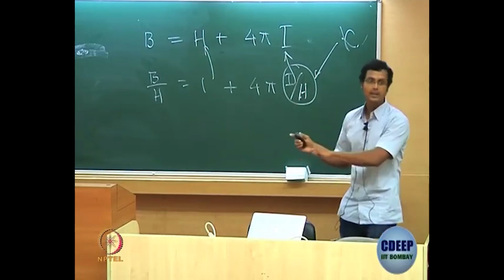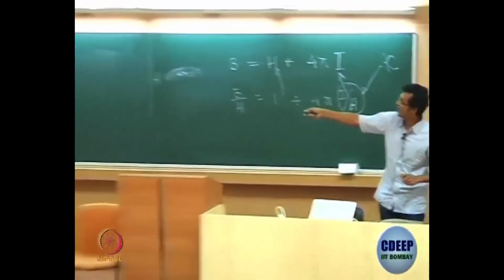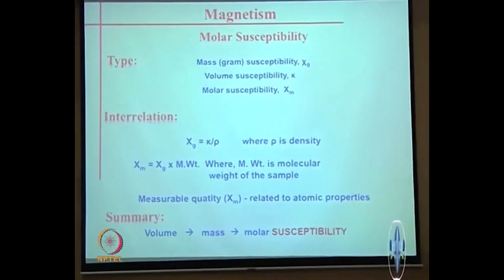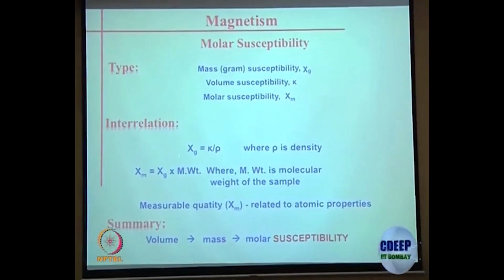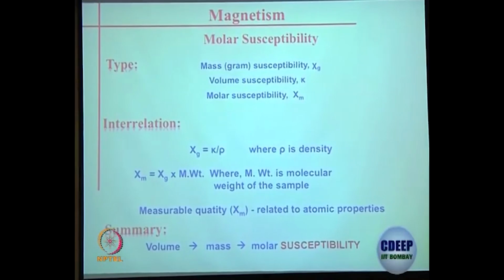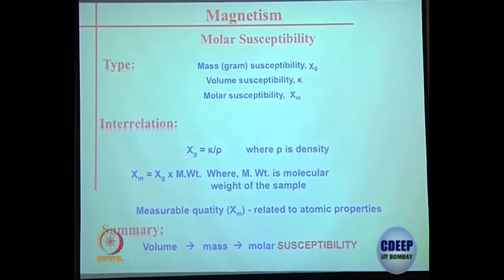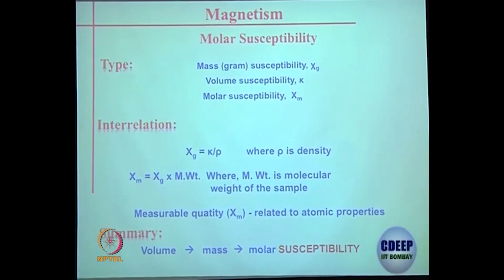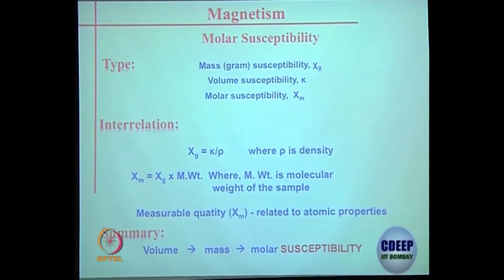Now from there you can do the following math. Kappa by rho, the density of the molecule, will be the gram magnetic susceptibility. Multiply that with molecular weight, and that will be the molar susceptibility.